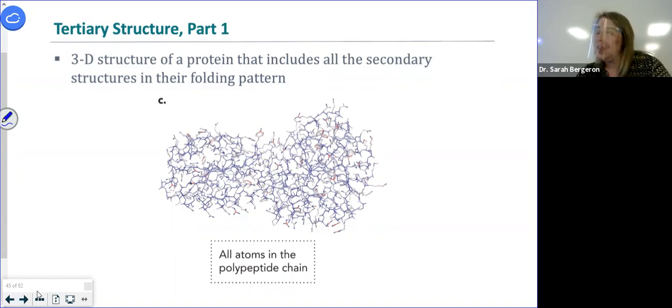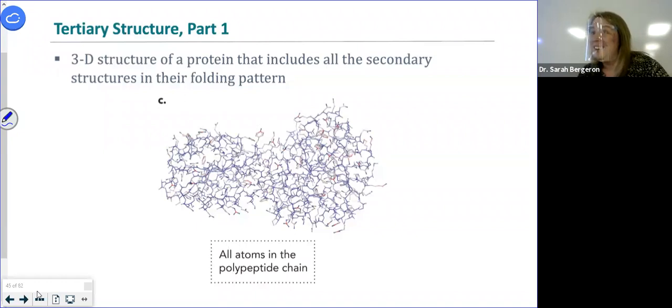There are only certain angles that are okay in phi and psi, not all of them are. But because you have rotational movement in those phi and psi bonds on either side of the alpha carbon, remember how we said the carbonyl makes the peptide bond locked, but on either side of the alpha carbon, you could have rotation. Remember that? So that gives the protein flexibility. Is protein flexibility important? For what?